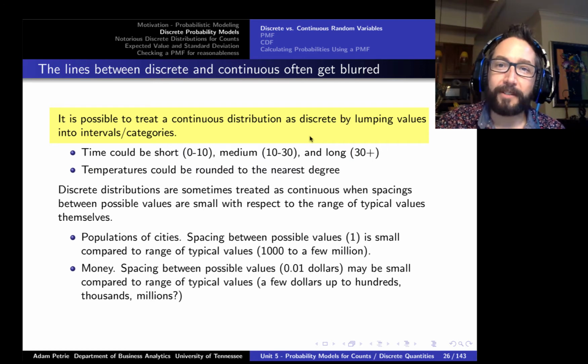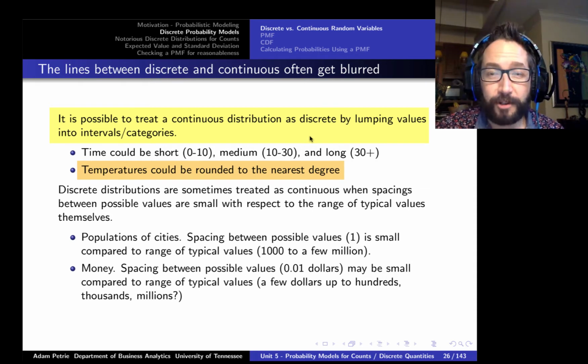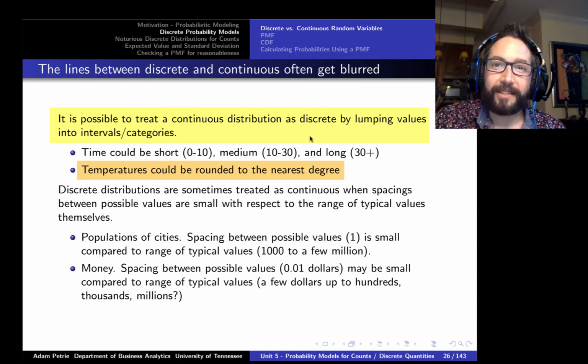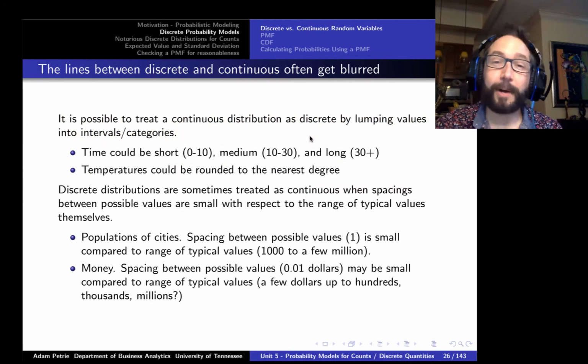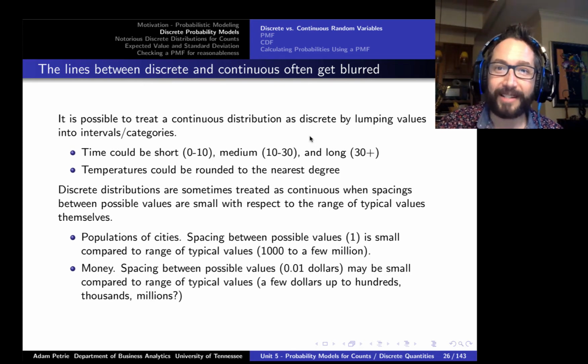Likewise, if we're going to be studying temperatures and the distribution of temperatures, say over the course of the year, we might just round temperatures to the nearest integer, in which case there is a finite minimum spacing between possible values, 1 degree here. So depending on how we actually treat the numbers, we might be able to treat a continuous quantity as a discrete quantity, and actually vice versa as well.